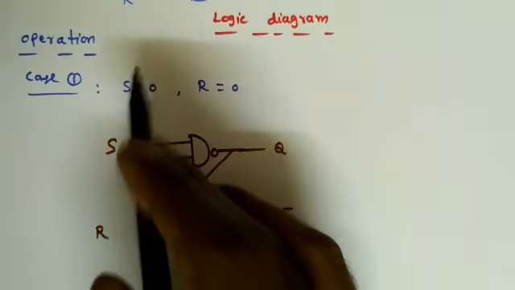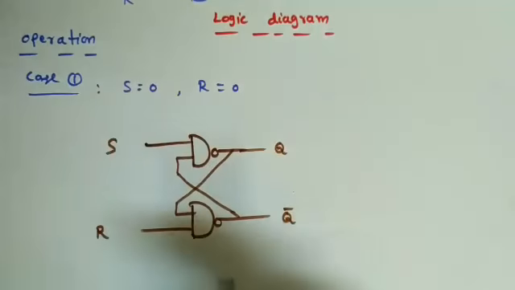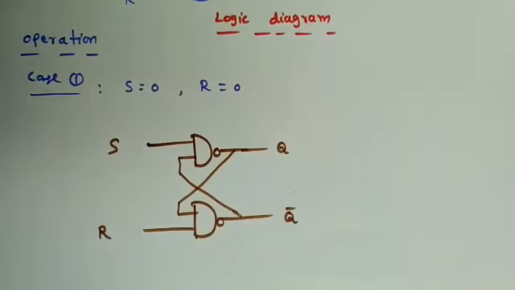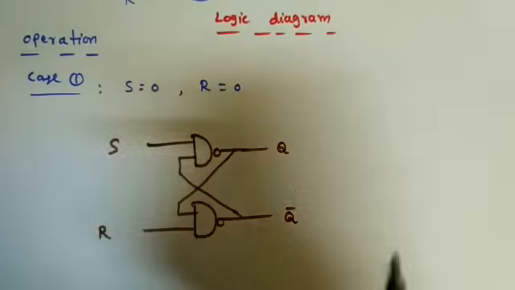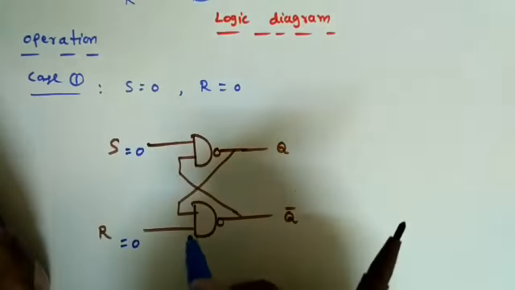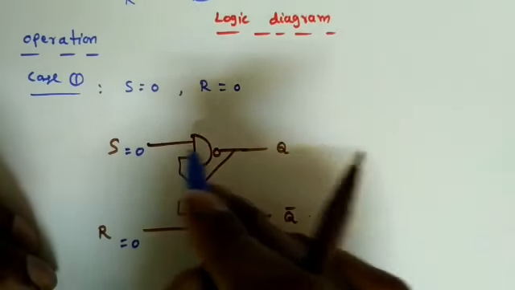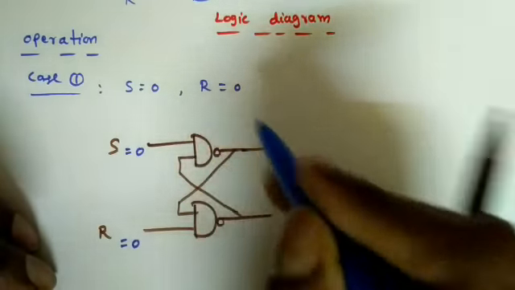Now, with two inputs we'll get 4 combinations. First, S equal to 0, R equal to 0. The moment S is equal to 0, and we are using the NAND gate, we can comment on the output. 0 into anything is 0, so 0 bar means 1.